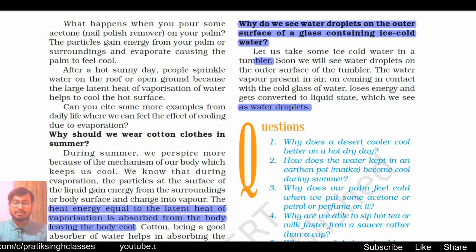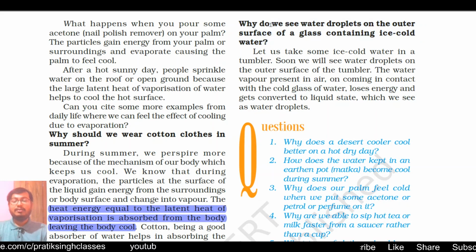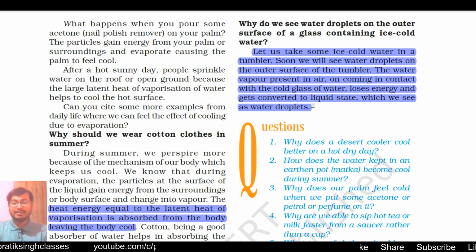Not only to glass, but to any surface whose temperature is lower than the atmospheric temperature or surrounding temperature, you can see that water droplets stick to it. That happens because the water vapor present in the atmosphere, when it comes in contact with that surface, cools down, loses its energy and comes back to liquid state.